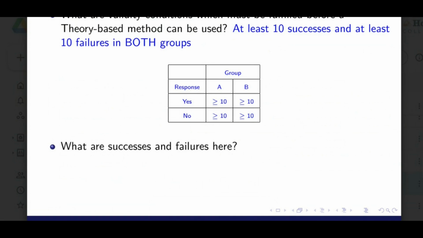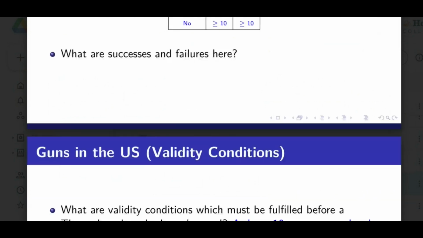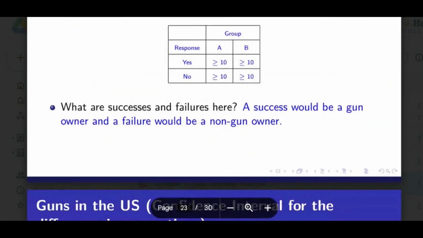There should be at least 10 people in every box. Then you are free to use the methods that you've learned. All right. What are successes and failures here? I believe I have covered this. A success here would be someone being a gun owner, and a failure is someone not being a gun owner, by definition of the yes and the no.